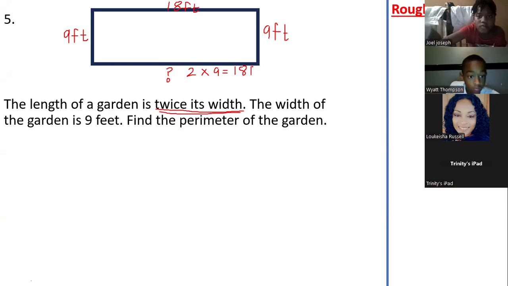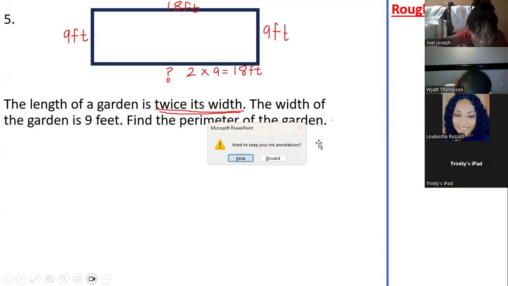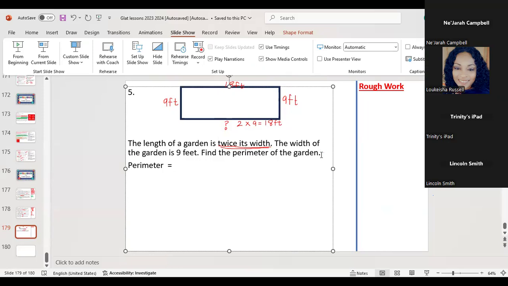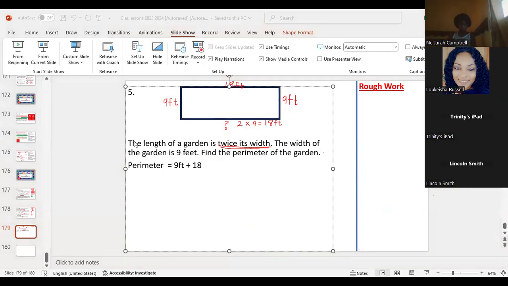So how are we going to find the perimeter? Add up all the sides, very good. So the perimeter is going to be equal to what? 9 feet plus 18 feet, plus 9 feet again, plus 18 feet.